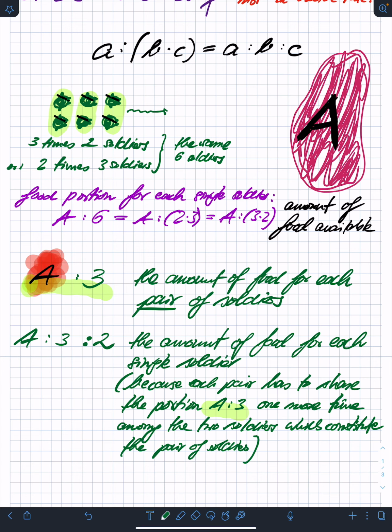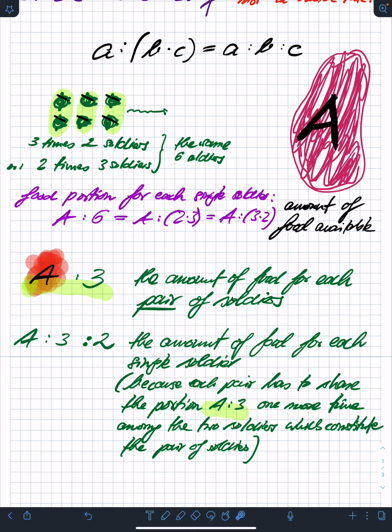So what would we have is either you say our whole food portion gets distributed among 6 soldiers, or first you distribute it among this pair and this pair and this pair. So it's 3 portions. You say, hey, first pair, you get this portion A divided by 3. And the second pair gets the portion A divided by 3. And the third pair gets the portion A divided by 3.